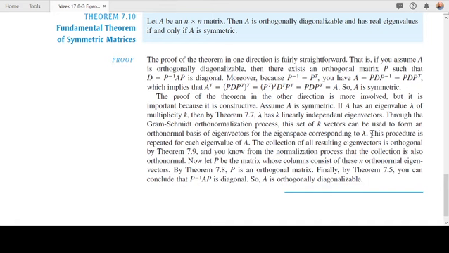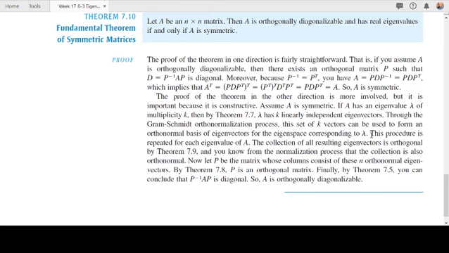This procedure is then repeated for every eigenvalue of A. Then if you put all of these eigenvectors together, the collection of all resulting eigenvectors is an orthogonal basis, but they're not yet orthonormal.